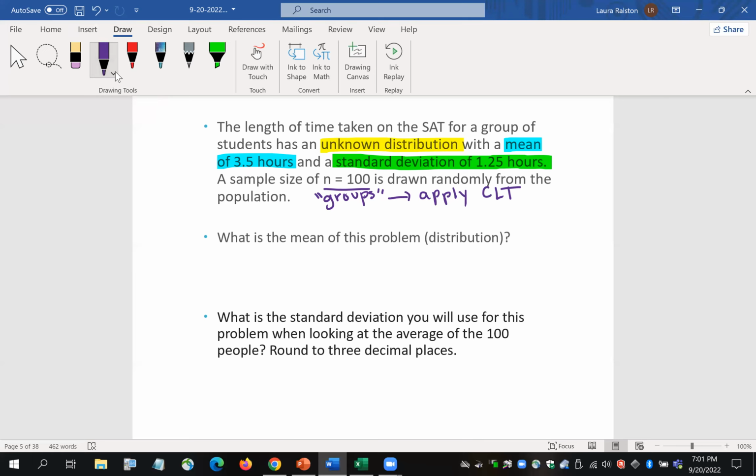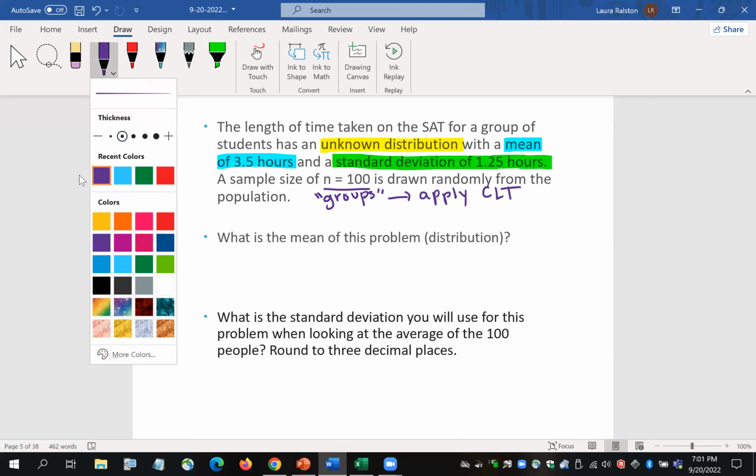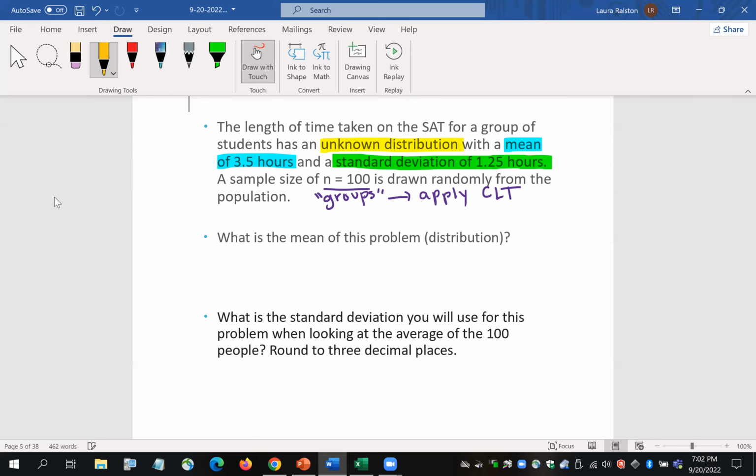Because I need to apply the central limit theorem, one thing that I know is that my unknown distribution is going to become normal.